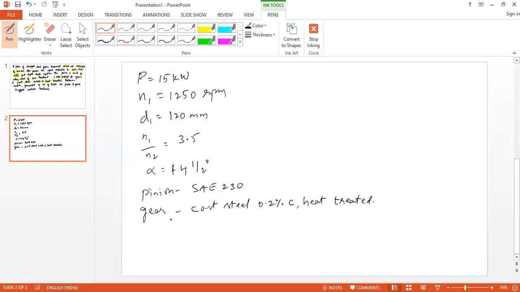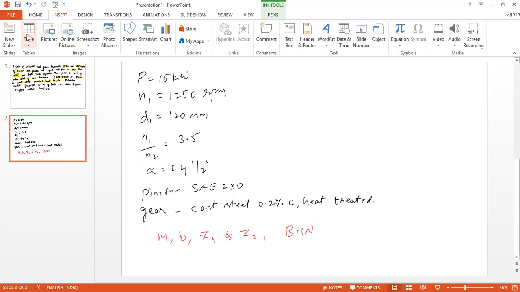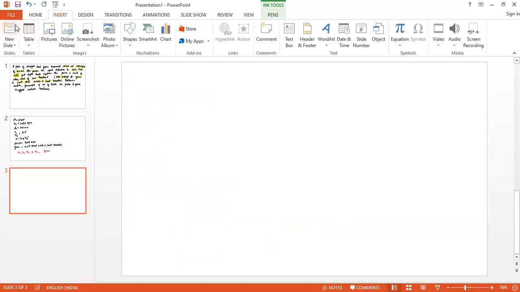We need to find out the module m, face width b, and the number of teeth on the pinion and gear, that is Z1 and Z2, and we need to suggest the suitable hardness number for both gear and pinion. So what is the first step?